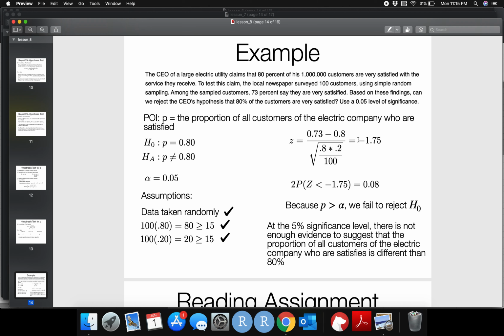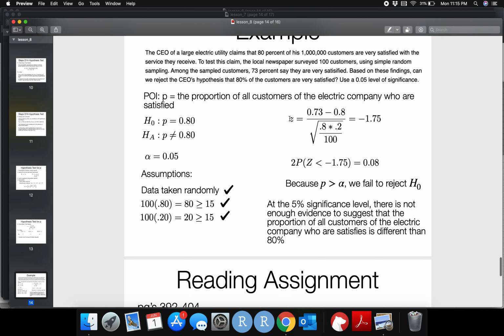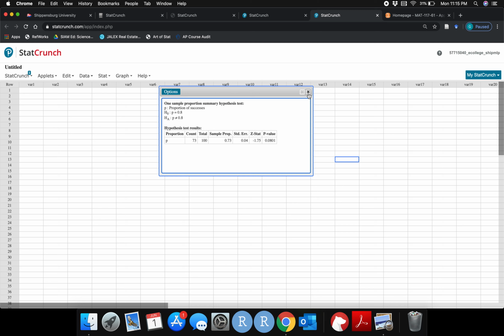So for a hypothesis test, you can use StatCrunch to help you with the test statistic and the p-value, which are two important parts. But again, it's not a substitute for doing all of the steps. It can help you with doing the arithmetic here in the test statistic and p-value part, but it can't do everything else. And so that's all of the technology that you should need for these 3 lessons.